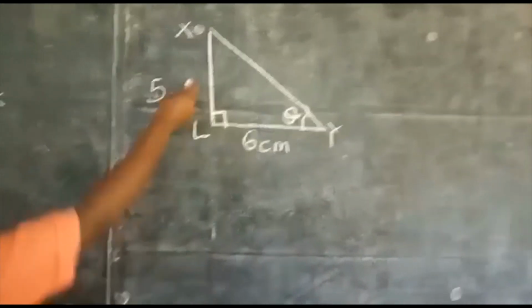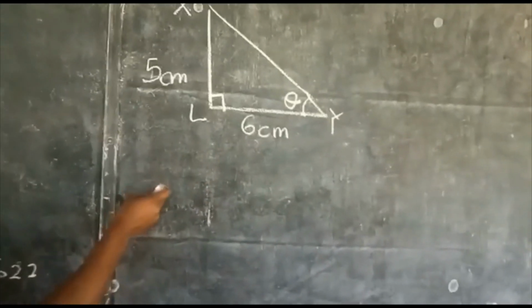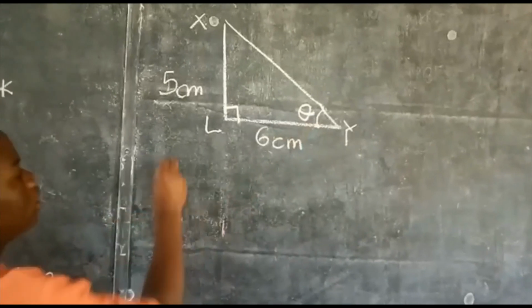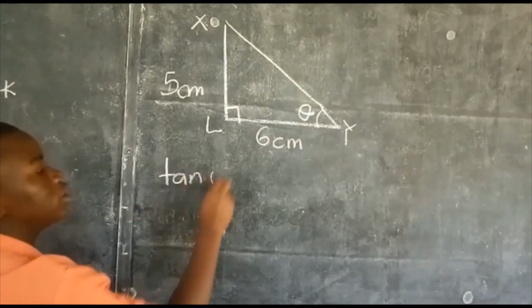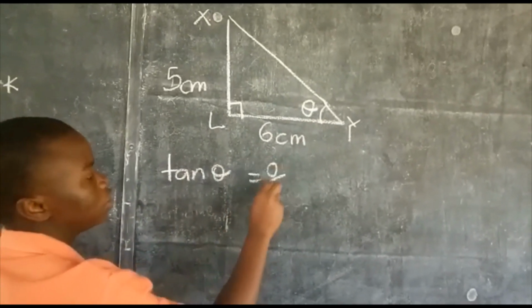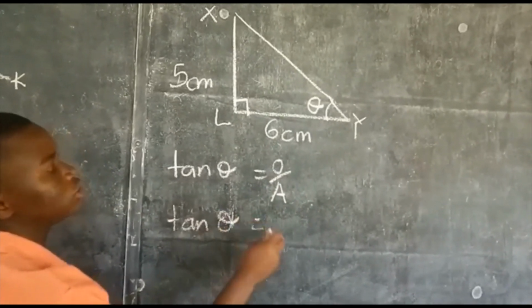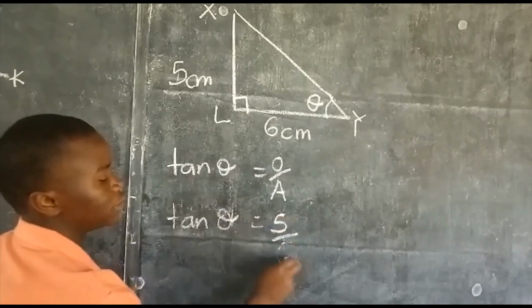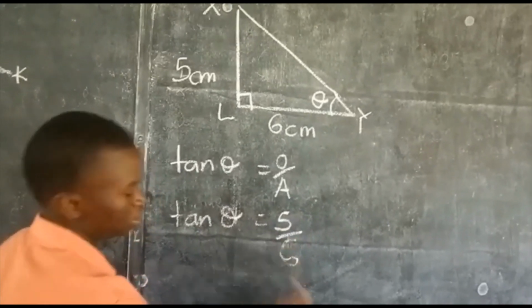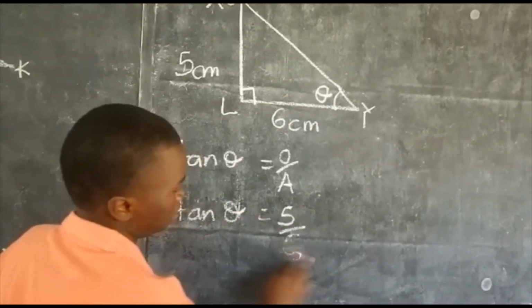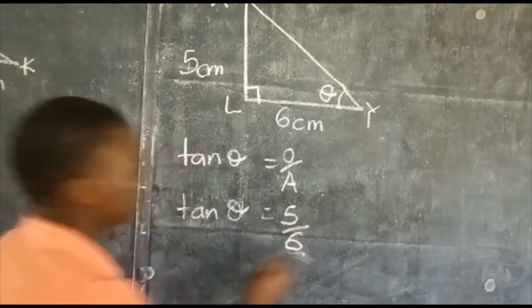Still having the opposite and the adjacent, we shall use tan to find our angle theta. Therefore, tan theta is equal to opposite out of adjacent. So, tan theta is equal to 5 out of 6.